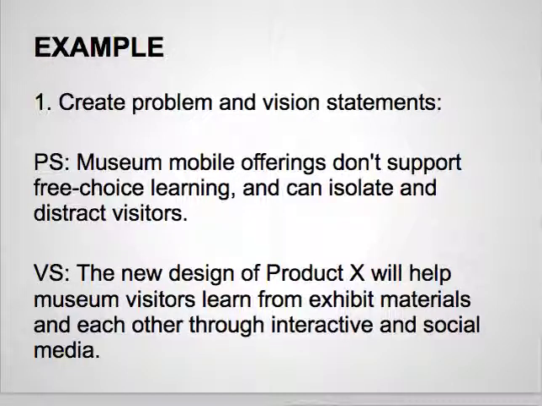Now, what's my vision? How am I going to make it better? This is my vision of what could be. What could be better? Well, let's make a new product and let's have it help museum visitors learn from the exhibit materials and each other so they're not isolated and they're not distracted. And how do I want to do that? Through interactive and social media. So my vision statement is just simply, let's make an app where people are engaged, where people are learning, where they're actually doing the things they do in a museum.